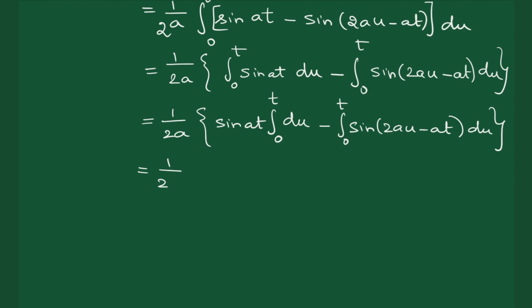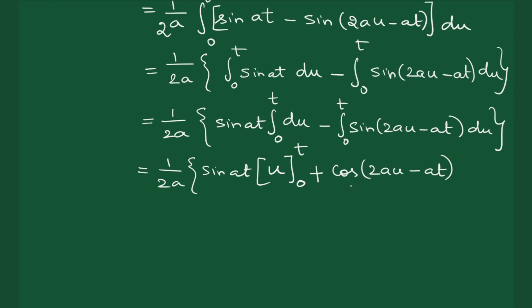Now integrating the first term, we get u, because integration of du is u, over the limit 0 to t, minus the integration of sin, which is minus cos. So minus into minus we can make it plus cos (2au minus at) divided by 2a, because 2a is the coefficient of u, over the limit 0 to t.